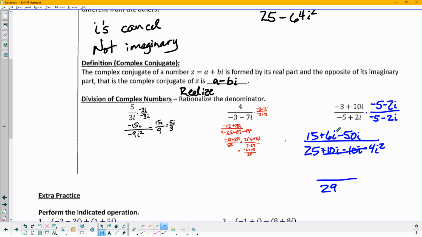And positive 10 times -2i is going to be -20i squared. So in this one, because there was a complex number on the top as well, we have to still kind of combine like terms and turn this into a positive 20 and add it to the other one. So I've got 35i, sorry, just 35. And then this will be a -44i.